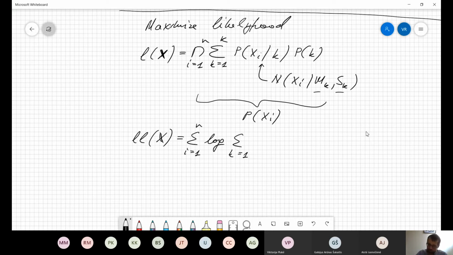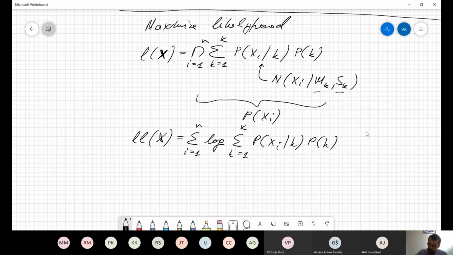We will not be doing that, but in most cases you can use the log likelihood as the final evaluation of your model.